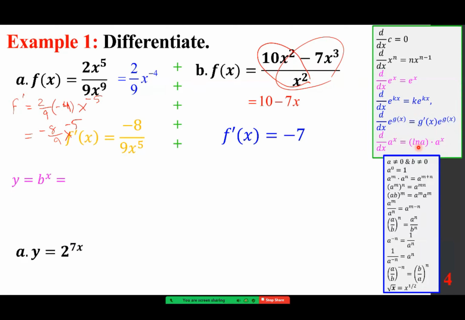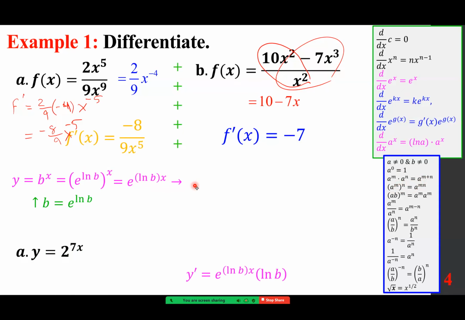Therefore, when we have b to the power of x, we represent b as e to the power of ln b, and we replace the b with that. When that happens, as you know, ln b is simply a number, and by the power rule, ln b times x, where ln b is just a number, so e to any power, the derivative is itself, and you can think of ln b as k, and times k, or ln b.